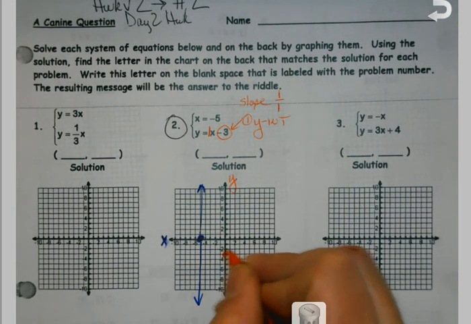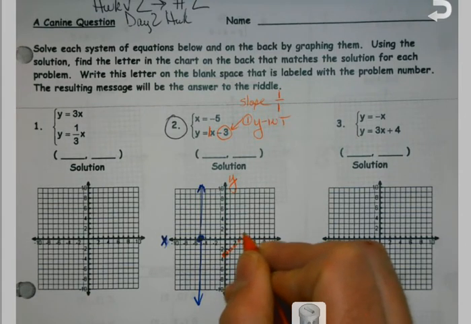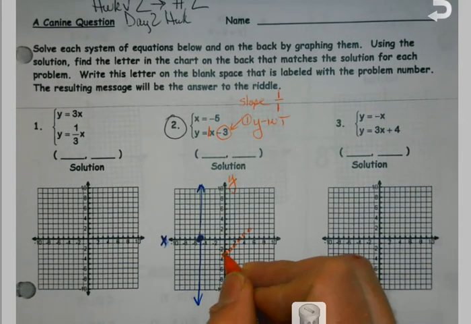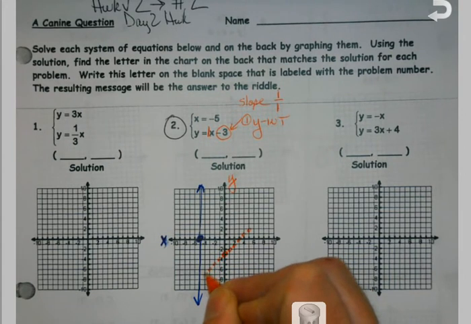And you might start doing this. You're like, wait a minute, I'm going up and right. That's not getting me any closer to that other line. You know, you're right. Why am I going to keep going up and to the right if it's not getting me any closer? So what's my opposite again I could do? Down and left. So down and left, down and left. Okay, now we're closing in.